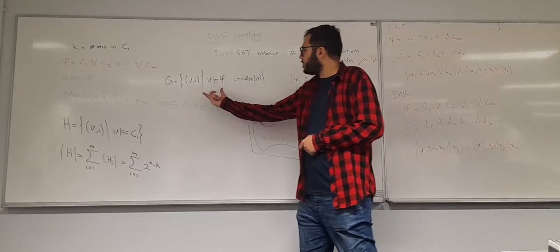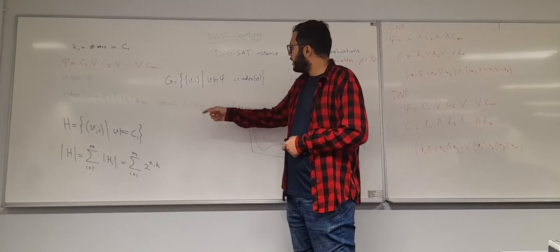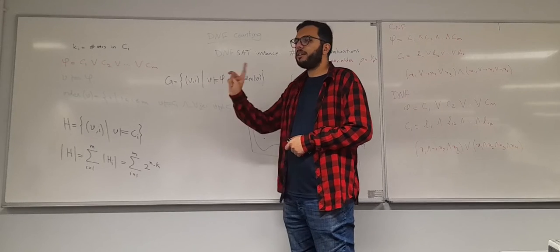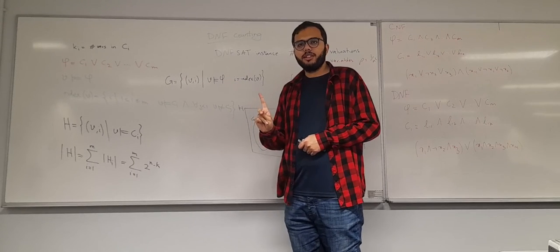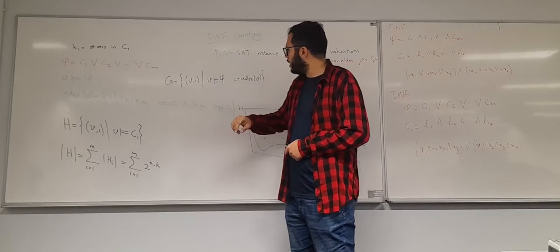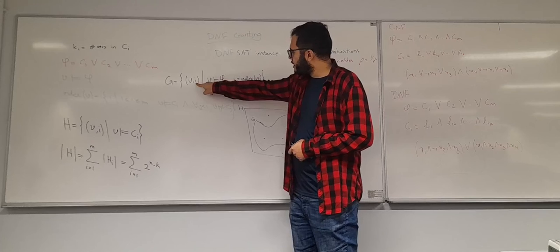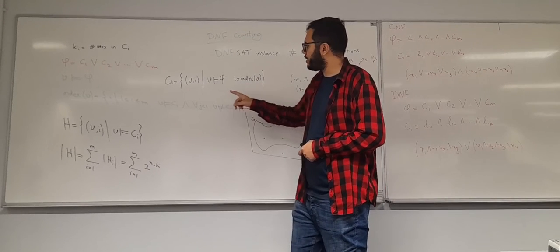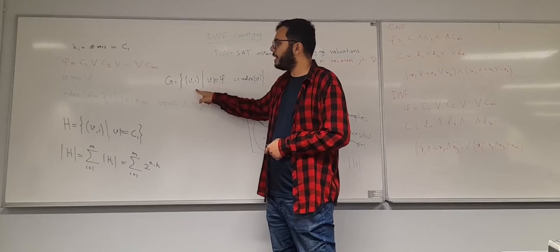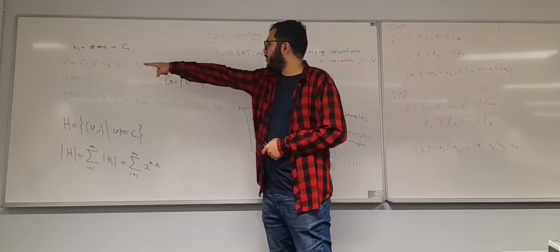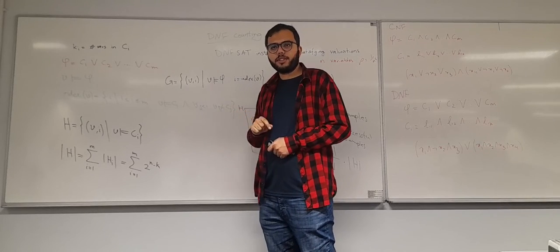Now, if I define G like this, then whenever I have a satisfying valuation, I have exactly one element of G that corresponds to it. Because if V satisfies the formula phi, then this I has to be the index of V. So basically, there's only one VI in G, the case where I is the first index that is satisfied.